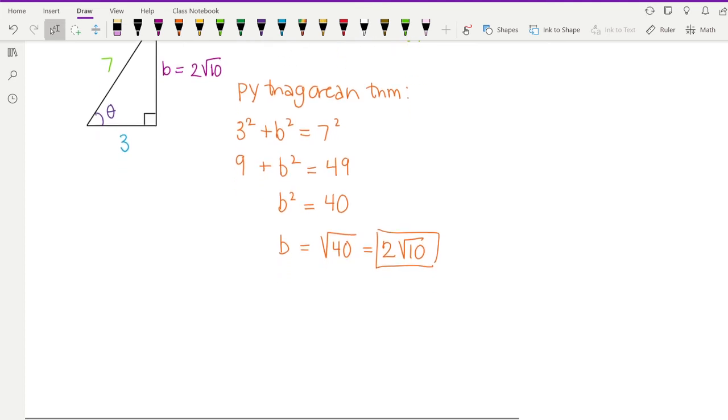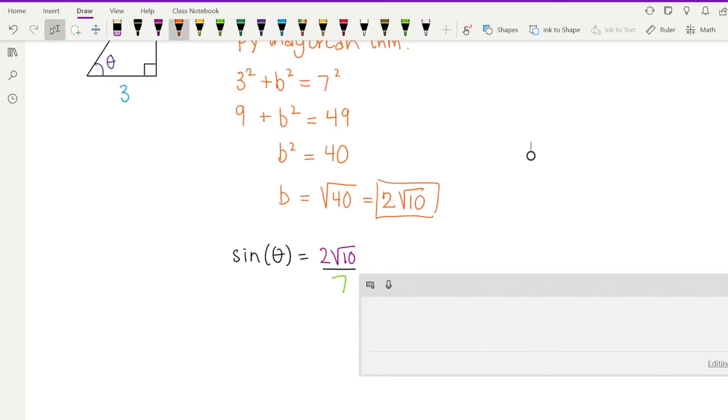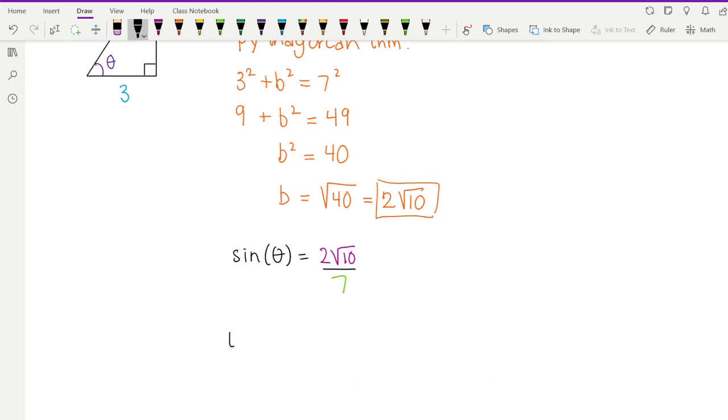So now we can say, okay, we know that sine of theta is supposed to be equal to opposite over hypotenuse, and so that's going to be 2 root 10 over 7. We know that tangent of theta is supposed to be equal to opposite over adjacent.